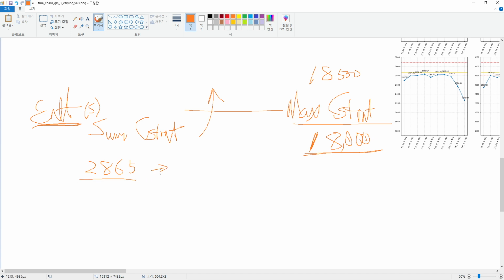At the same time, some of these chromosomes would exceed 18,000 because the higher maximum constraint was 18,500.